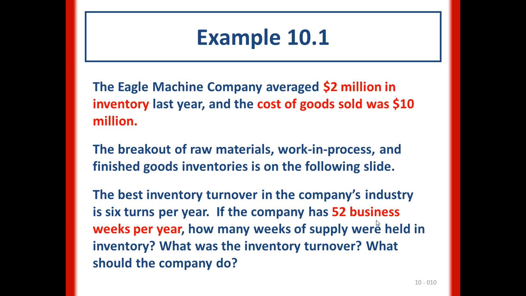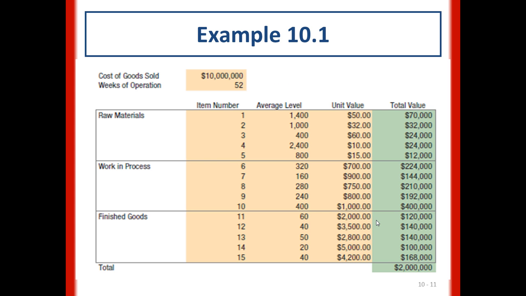Look at this example. Eagle Machine Company has inventory on average of $2 million, and annually the organization sells $10 million. The breakdown of items of inventory is in this picture.